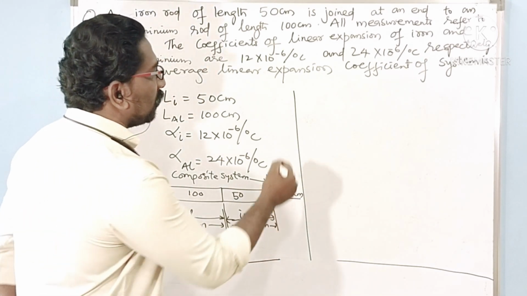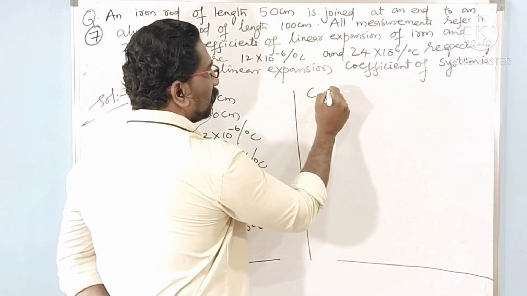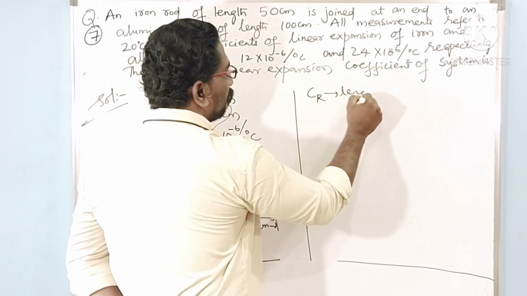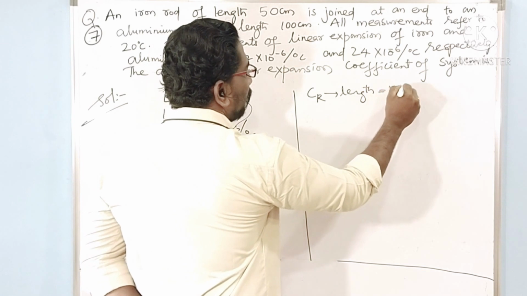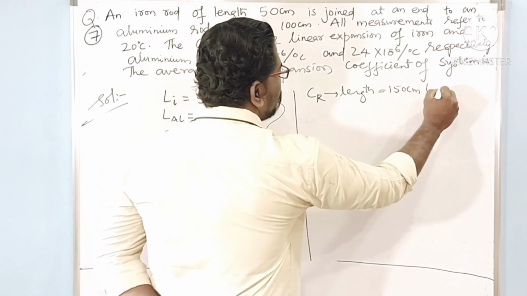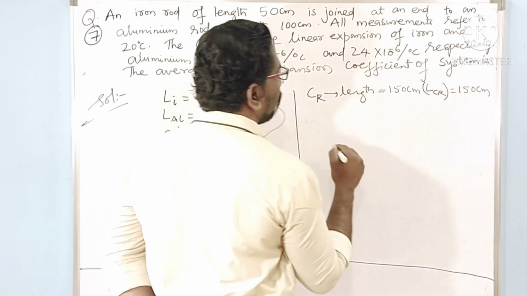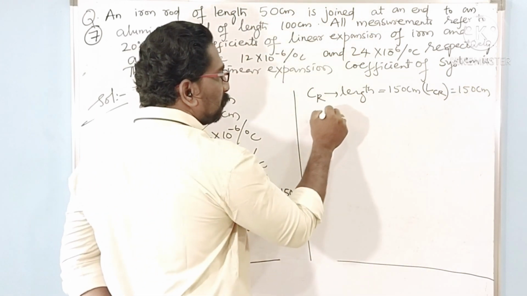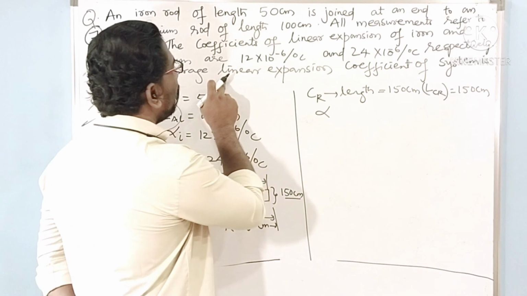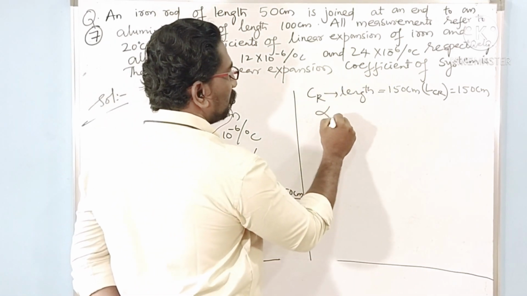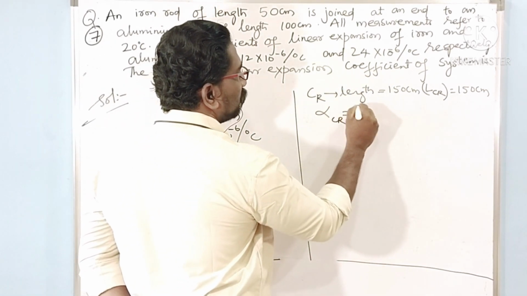That means L of CR equal to 150 centimeter. What are we supposed to find? We are supposed to find the coefficient of linear expansion of the composite system.